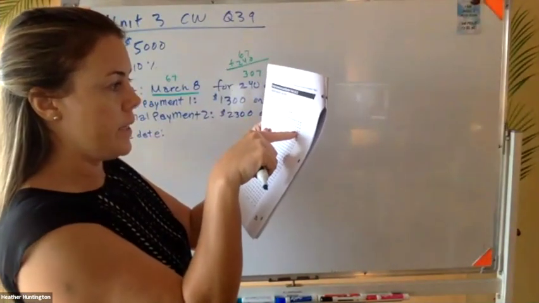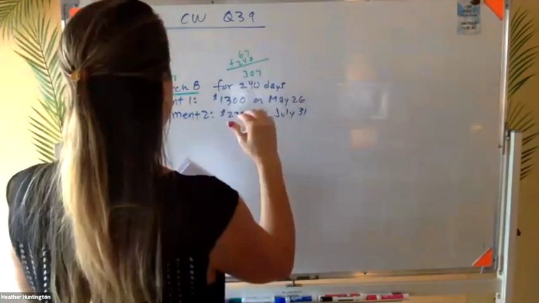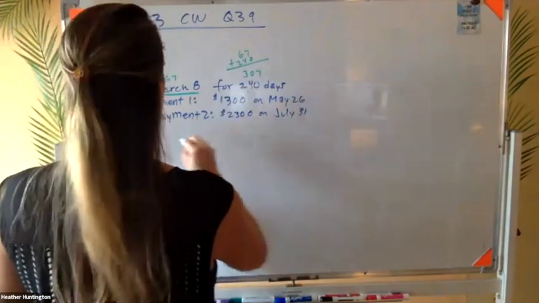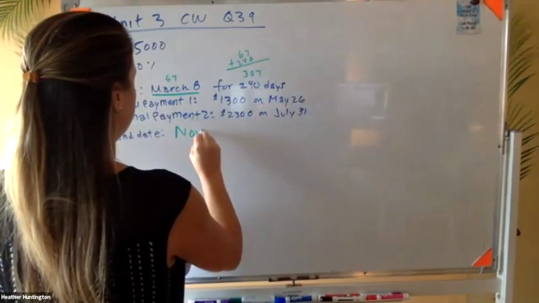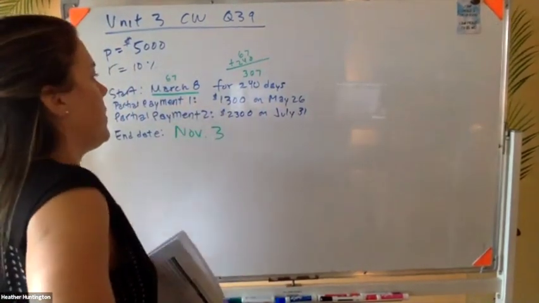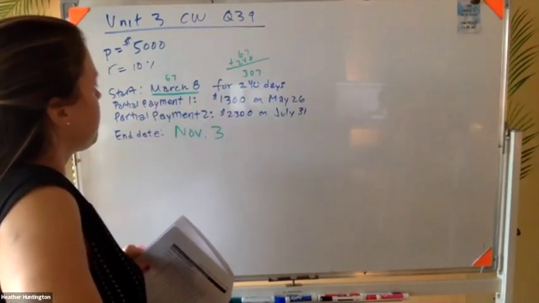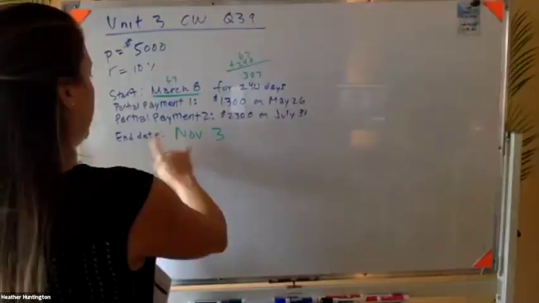Now I'm going to look in the chart for the 307th day of the year, and I can see that it's November 3rd. Does that seem reasonable? 240 days divided by 30 is 8 months. March is the 3rd month. Yeah, so that seems reasonable.